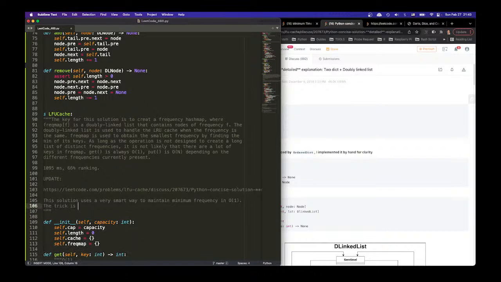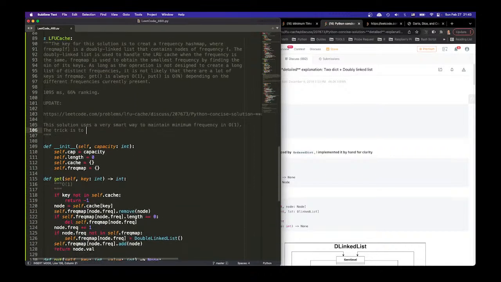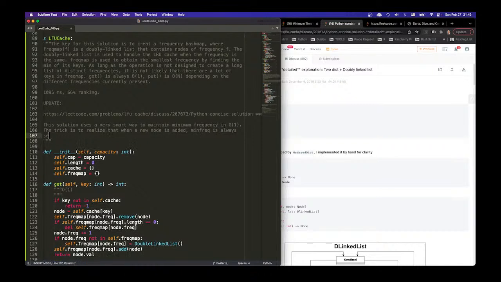The trick is to realize that when a new node is added, min frequency is always set to 1.